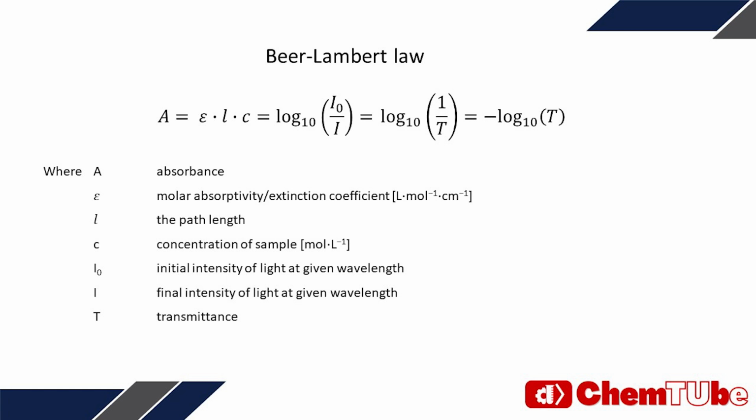Now, let's talk about the Beer-Lambert law, a fundamental equation in spectroscopy and UV-Vis spectroscopy in particular. For molecules in solution, it relates absorbance to molar absorptivity, path length, and concentration. The following parts of the equation show the relationships between absorbance, Beer-Lambert's law, the light intensity measured in the instrument, and transmittance.